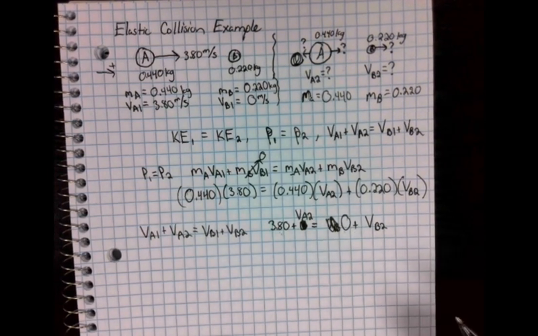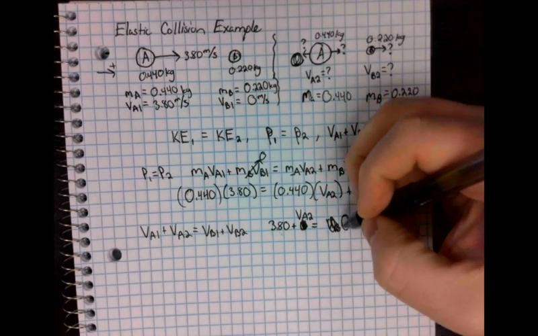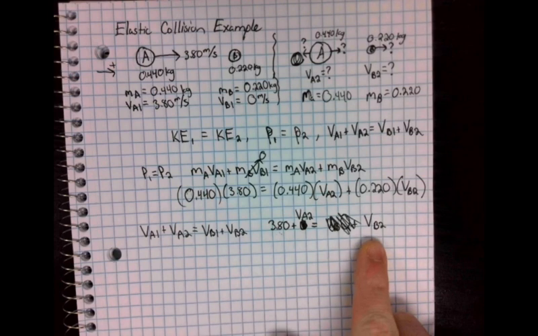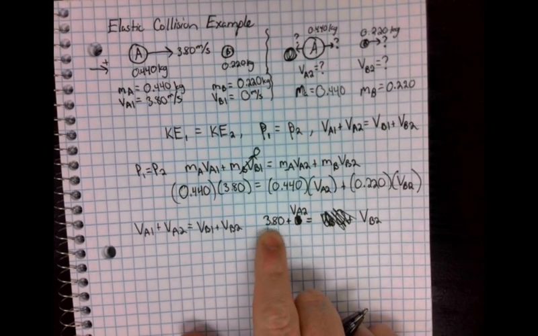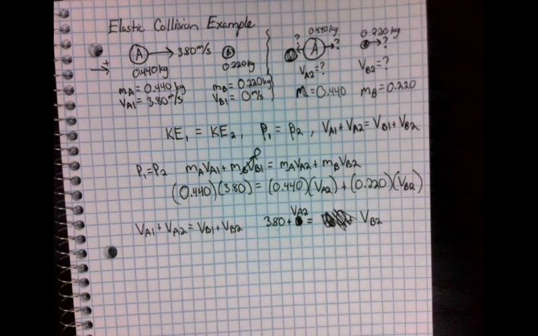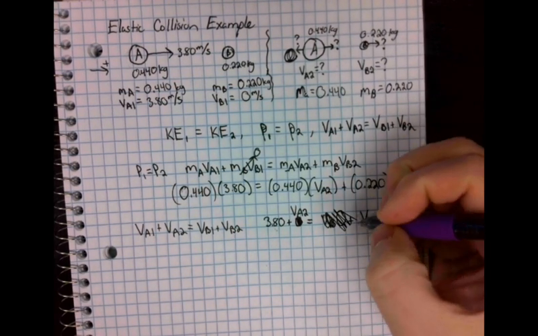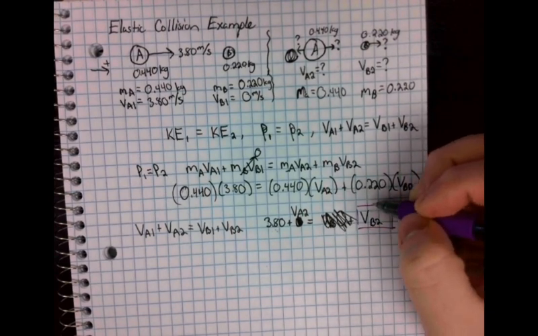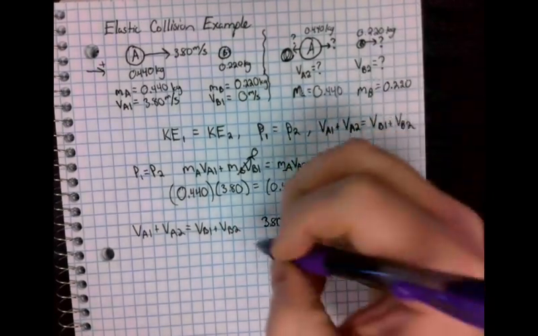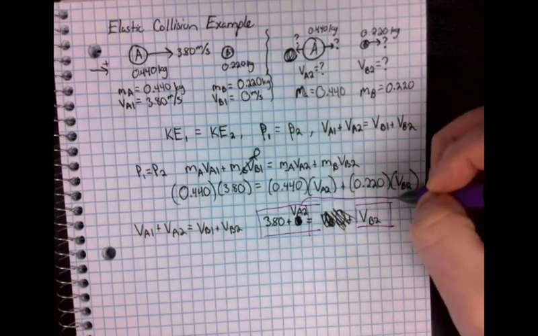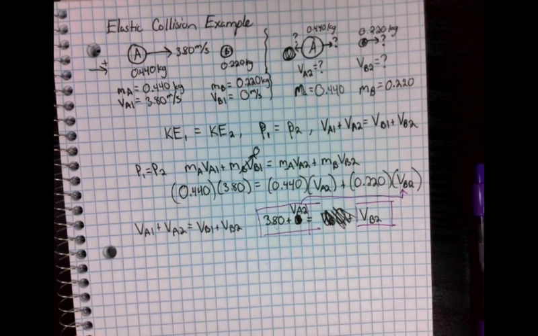What we now have is a system of equations. We can ignore this 0. It's not going to affect our outcome. So we know that VB2 is equal to 3.80 plus VA2. Let me use a different color. We can solve for VB2 and plug in this side of the equation in place of our VB2.